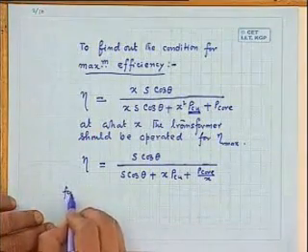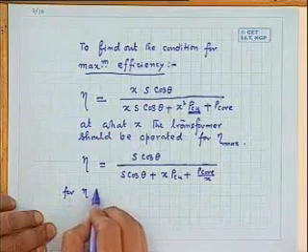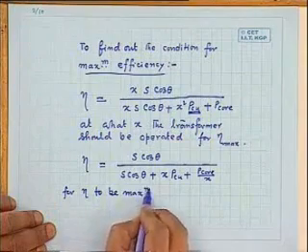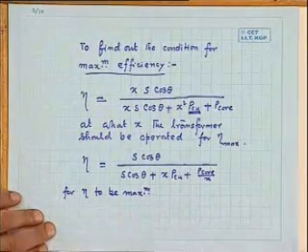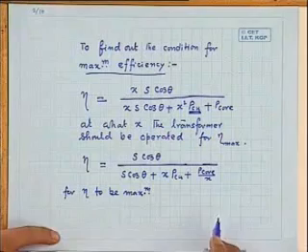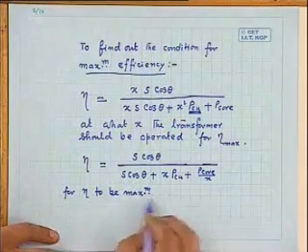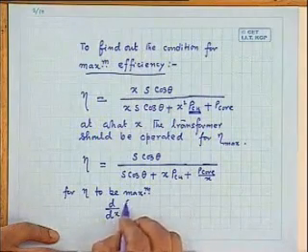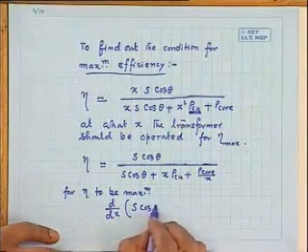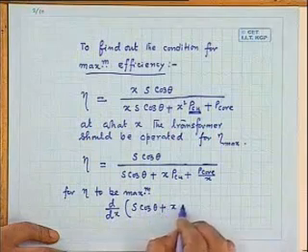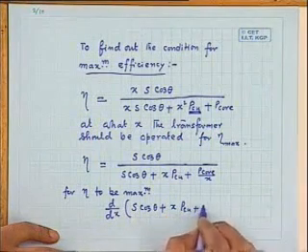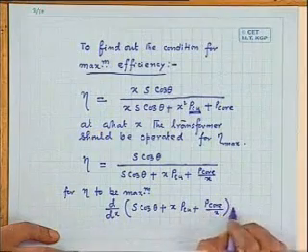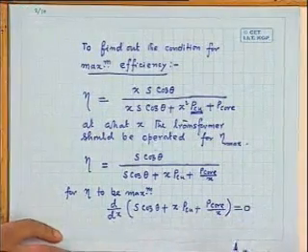Obviously, for eta to be maximum, the denominator should be minimum. So you simply differentiate this one, that is d/dx of S cosine theta plus x PCU plus P core by x, set it to 0.